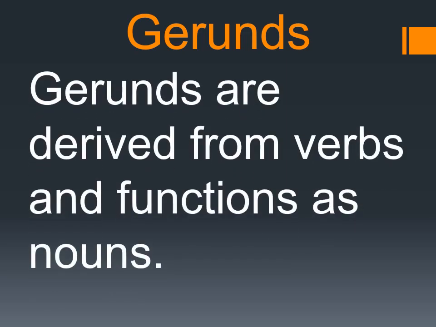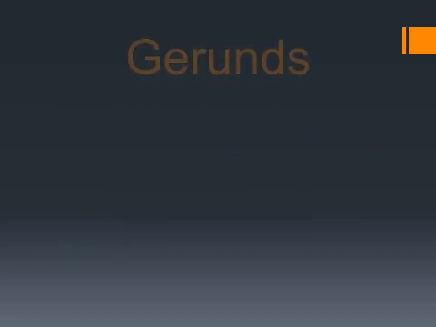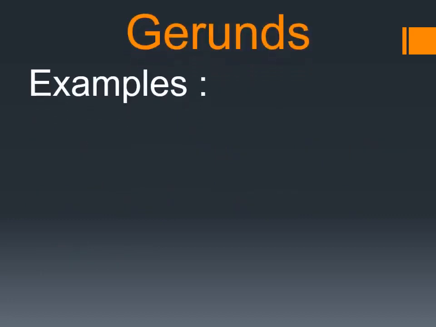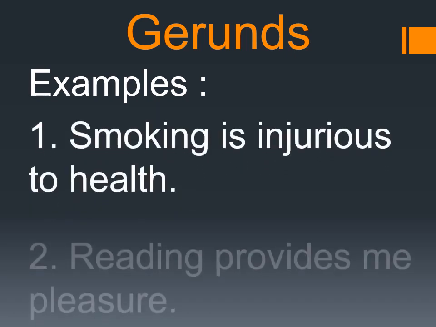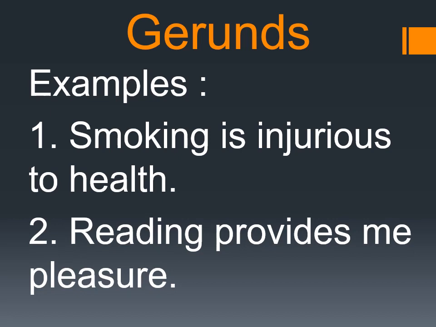Next type of non-finites is gerunds. Gerunds are derived from verbs and function as nouns. For examples, smoking is injurious to health. Reading provides me pleasure. So smoking is injurious to health.